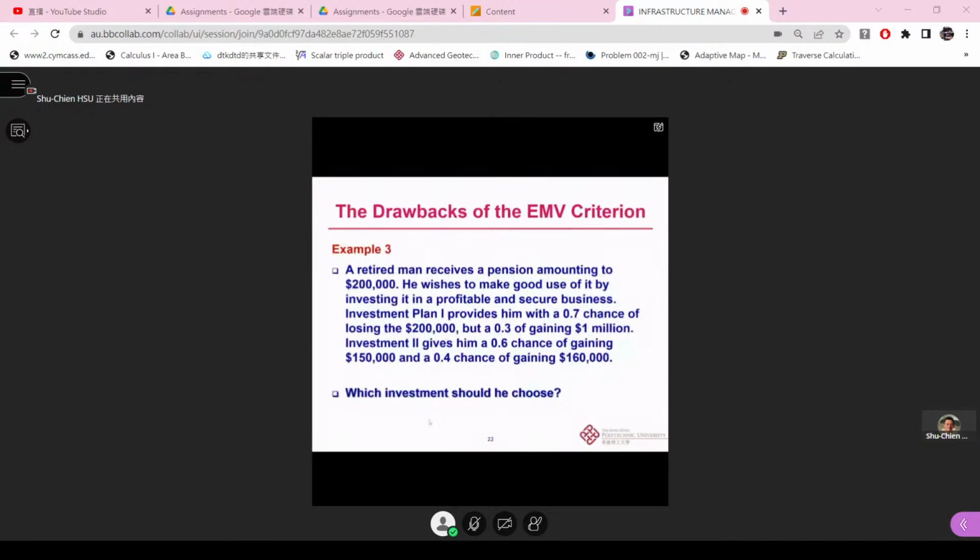So in this example, a retirement. Did you see the keyword now? Retirement. He receives a pension amounting to 200,000, which is a lot of money if it is US dollars, of course. But if this is Hong Kong dollars, it probably is not enough for retirement. However, he wishes to make good use of it by investing in a profitable and secure business.